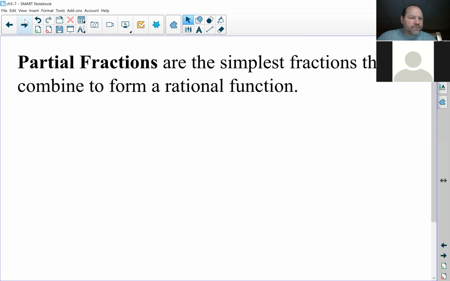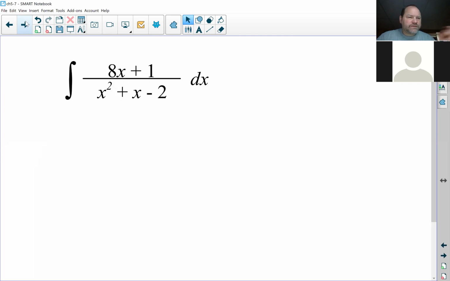So we'll see something like this. And again, if I saw a problem like this, the first thing I would do is think about substitution.